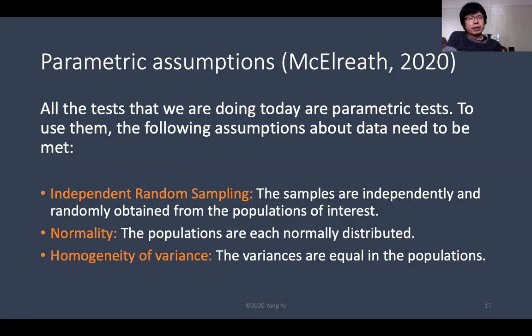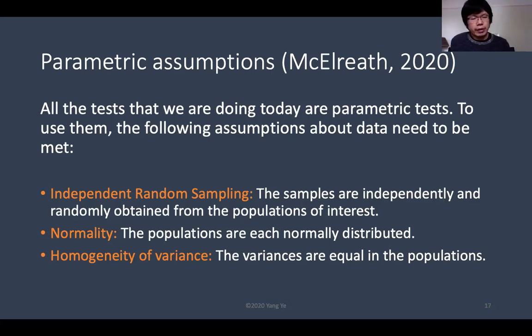First of all, there has to be independent random sampling, which means that the samples are independently and randomly obtained from the populations of interest. And the second is normality, so the populations are each normally distributed. It's a little bit tricky about that. I'll elaborate on that in the next slide. And then also we need the homogeneity of variance, that the variances are equal in the different populations that we're comparing.